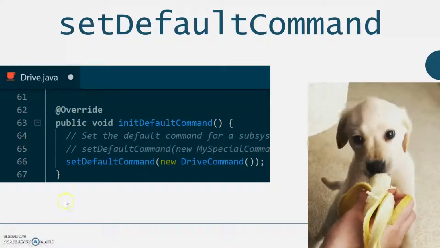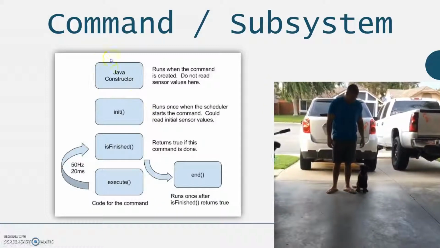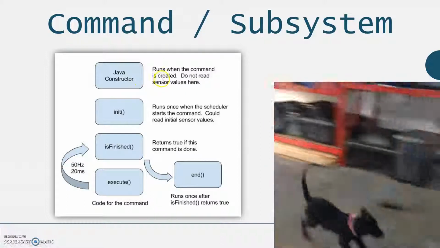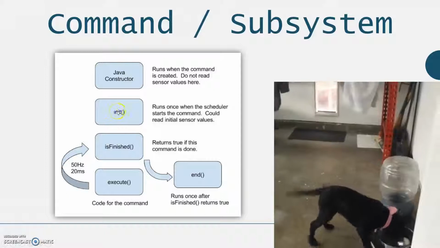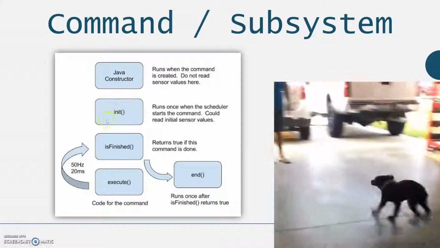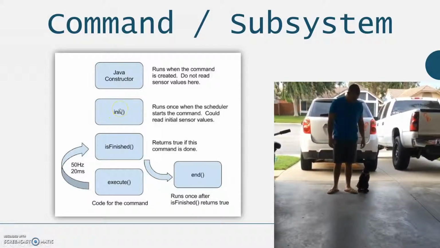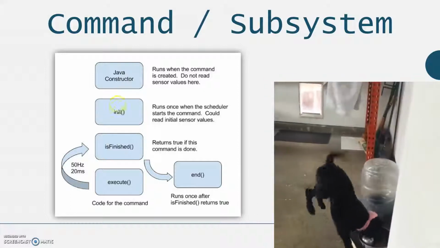That's its default. Commands are all structured really similarly. They run a constructor, so you can set up some variables at the beginning, counters and useful factors. And then the init runs when the command is started. And this can be run a lot. If you have a button, so every time I press a button, it starts moving the arm.